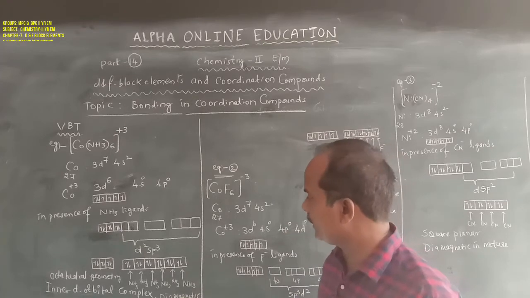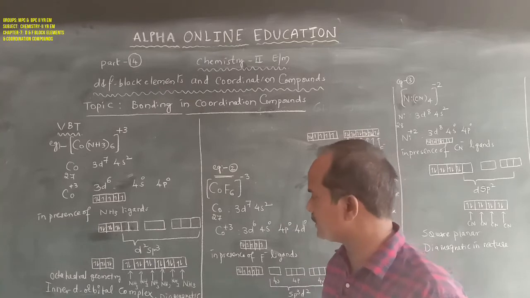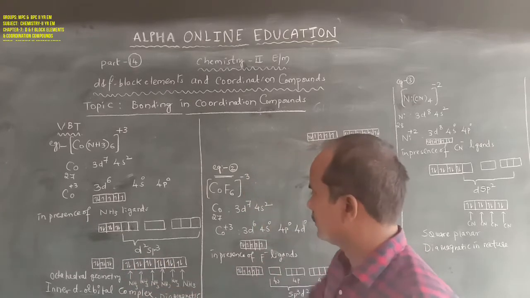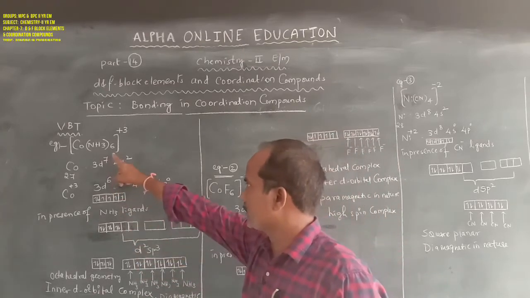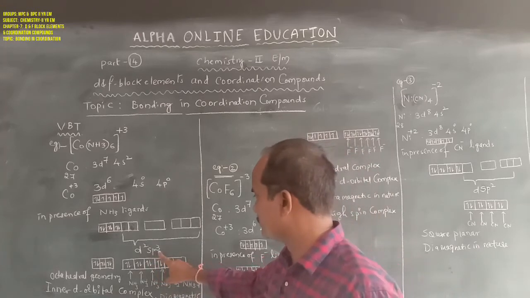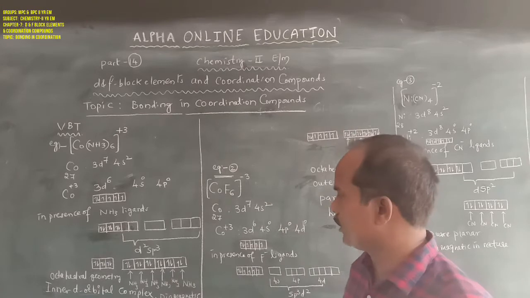As a result, metal-ligand sigma bonds are formed. The d2sp3 hybridization results in octahedral geometry.